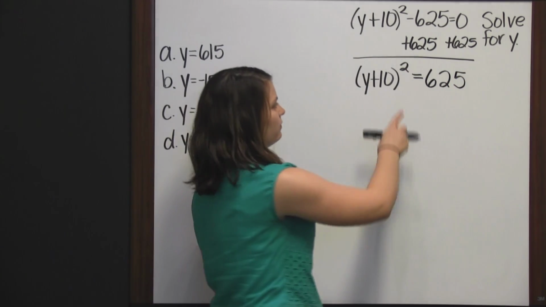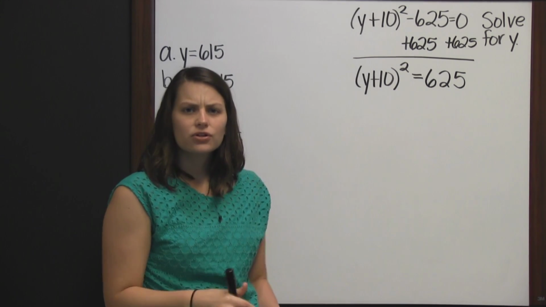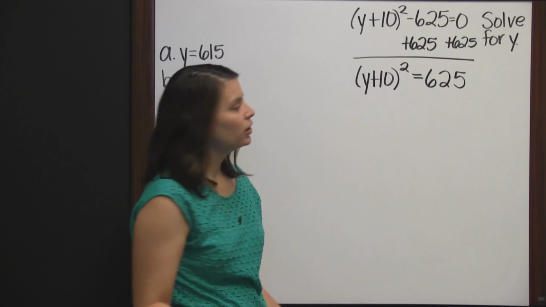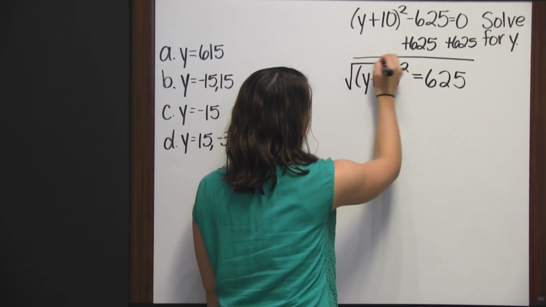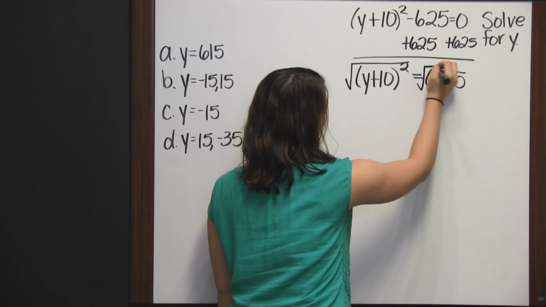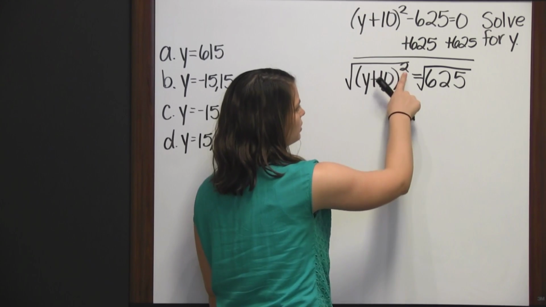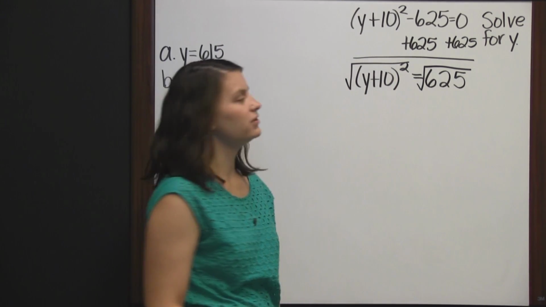Well, then we want to get rid of this squared because our y is kind of locked in those parentheses. So to unlock them, we want to do the opposite of squaring, which is square rooting. So we square root both sides. And the square root and the square undo each other. They're the exact opposites of each other.